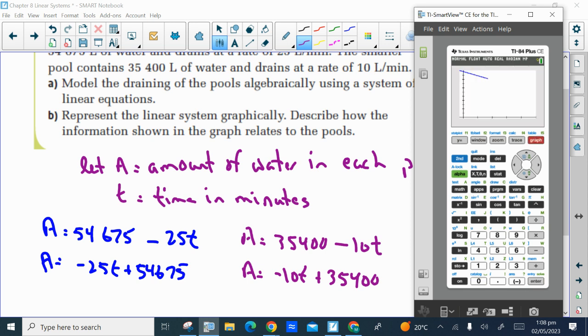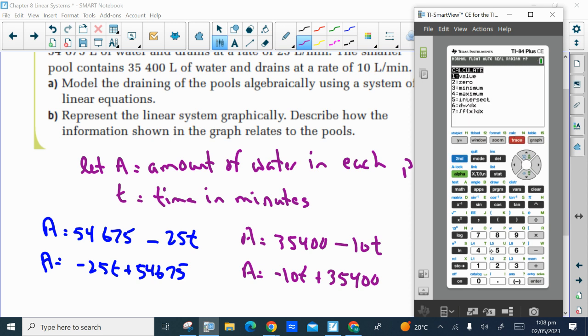So now when I hit graph, I can almost see the point of intersection. The only other thing I have to do is make my X max larger, because where the graphs intersect is somewhere to the right of where we see. As you go to the right on the x-axis, your x values get bigger. So we need to make our X max larger. Let's make it 1,500 instead of 1,000. Now we can see that point of intersection.